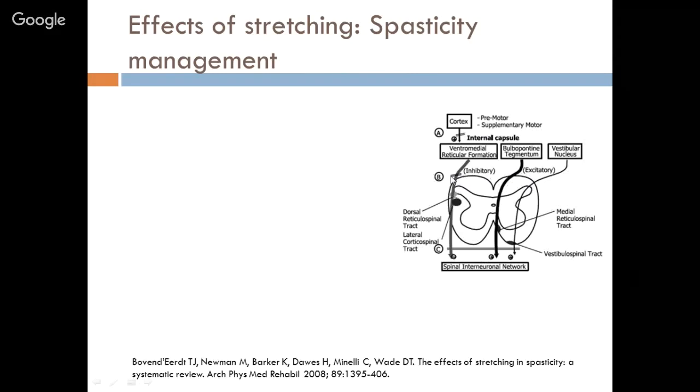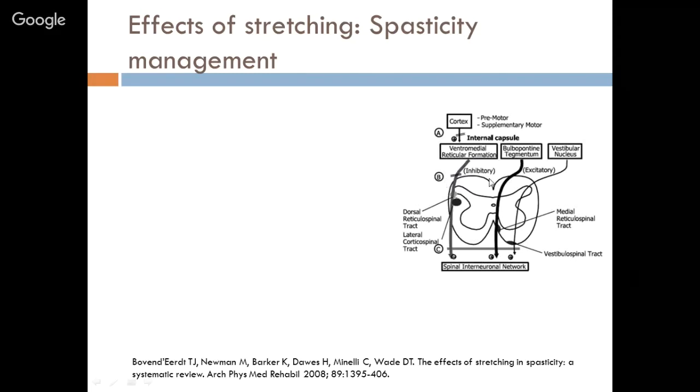That is, inhibitory tracts are more involved than excitatory. So overall, you have a higher excitation than inhibition, which is often reflected as an increased level of tone, or clinically the increased stiffness that we see.